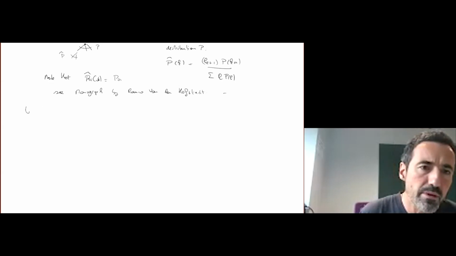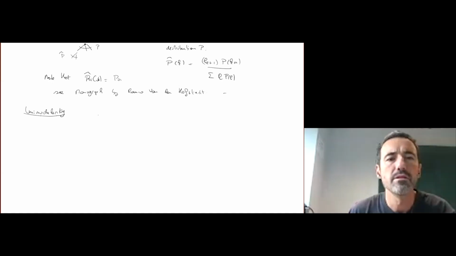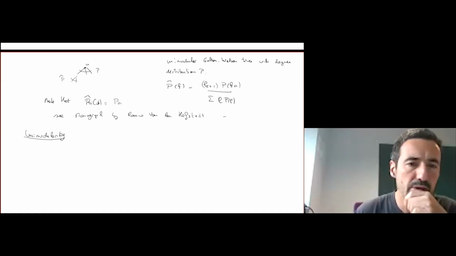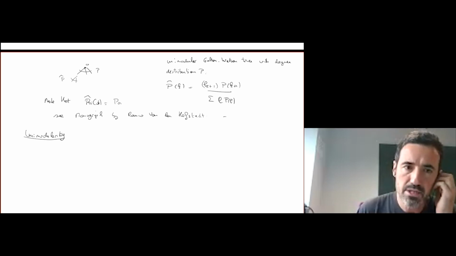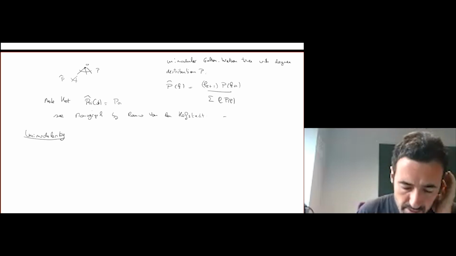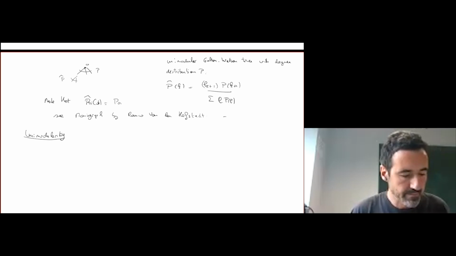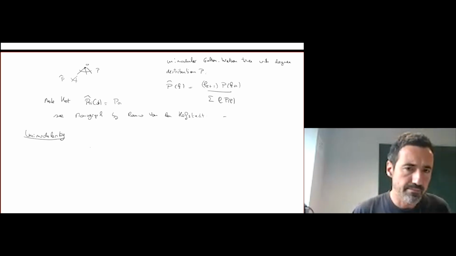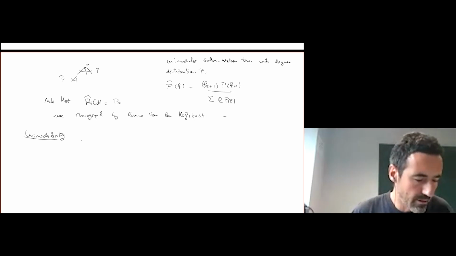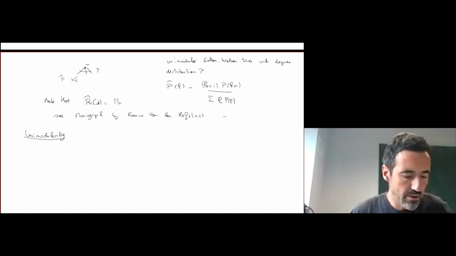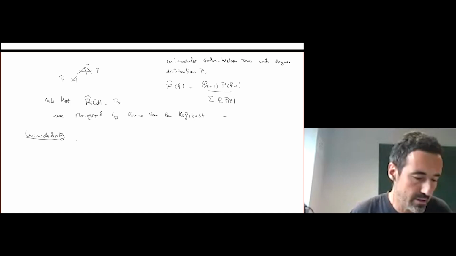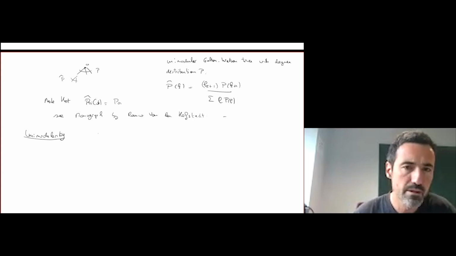There is one property, unimodularity. Not all random rooted graphs can be Benjamini-Schramm limits of a finite sequence of graphs. In particular, they should satisfy an assumption which is called unimodularity, which I will now introduce.